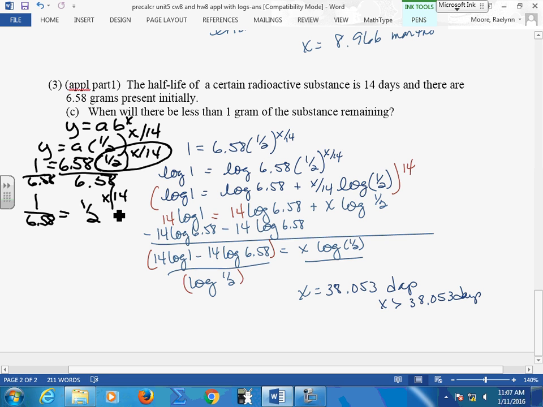Okay, so let's look like this for a minute. Now, I've got a variable sitting in my exponent. The only thing that's going to let me bring that down is a log. So I need to put logs on both sides, ln or logs, whichever one you like.